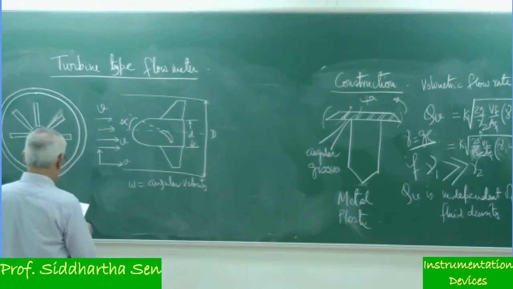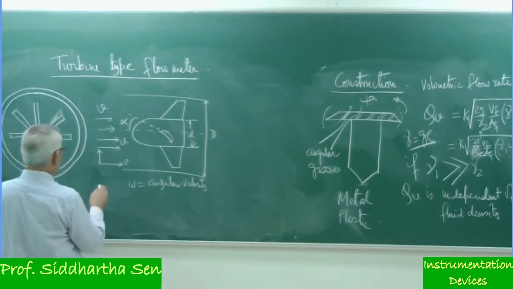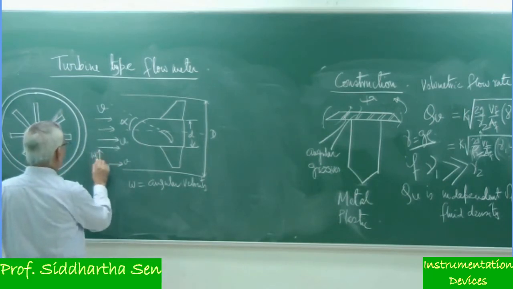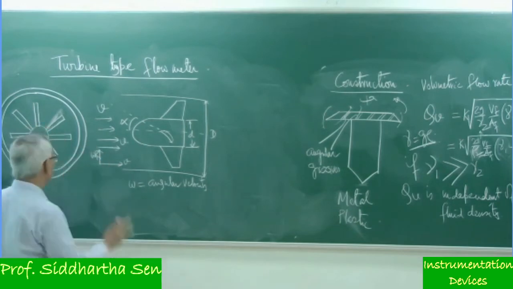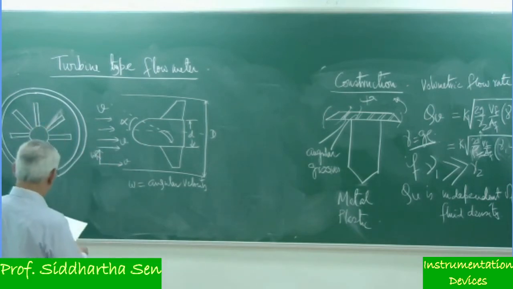And what we call it basically, this is omega into r, and this is the velocity v.